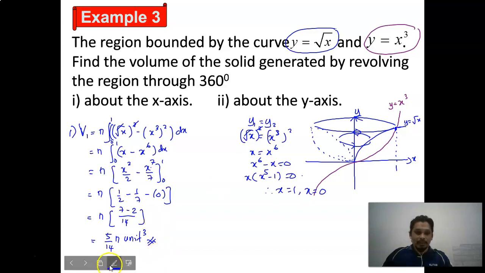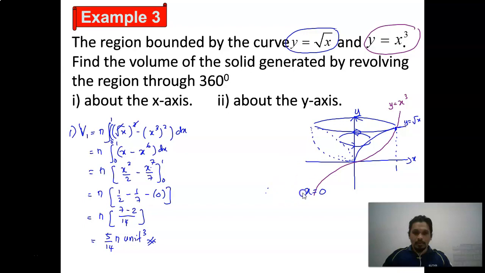I'm going to clear this off. And volume 2, which is pi integral of, now again, what about this one here? x equals 1, so when x equals 1, 1 cubed equals 1. We have found the intersection point between these two curves and found that x equals 1.